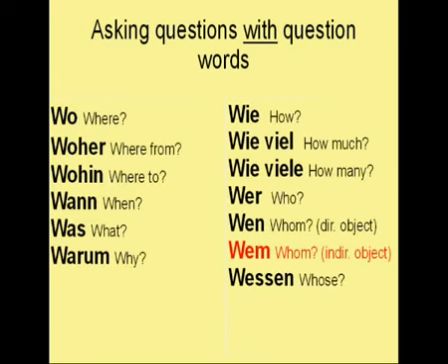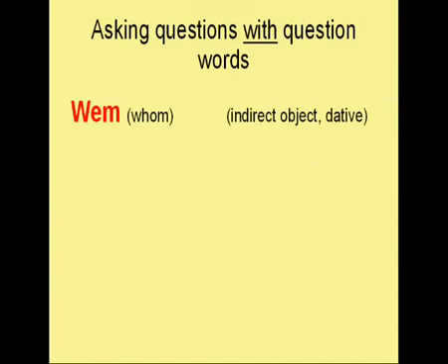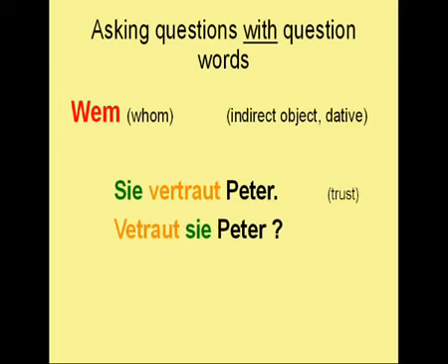And then we have the word wem, which also stands for whom, and which you use when you are asking for an indirect object. This means the dative case. "Sie vertraut Peter." She trusts Peter. "Vertraut sie Peter?" Does she trust Peter?